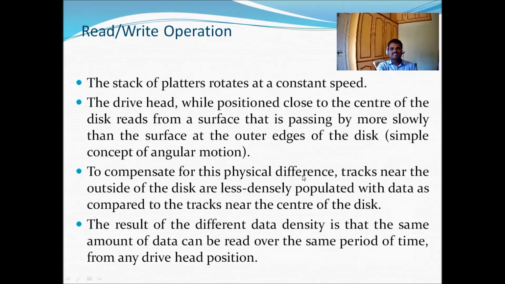To compensate, tracks near the outside are less densely populated with data. The center of the disk is most densely populated. The result of the different data density is that the same amount of data can be read over the same period of time from any drive head position.